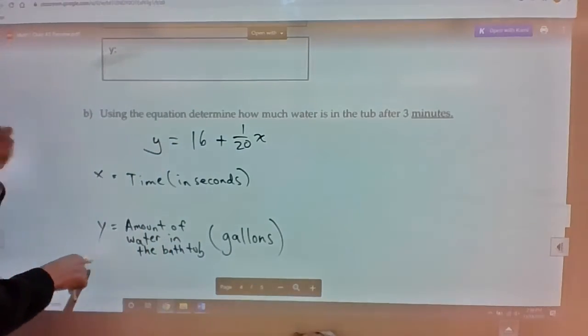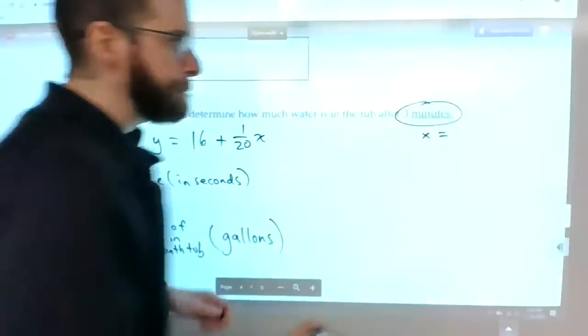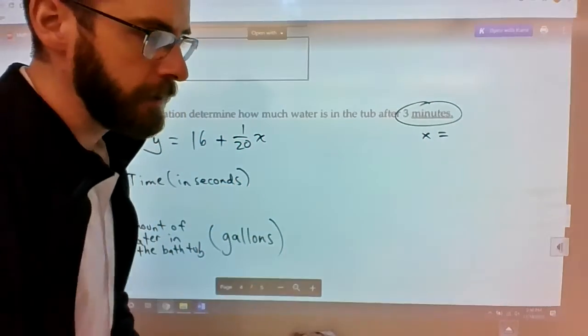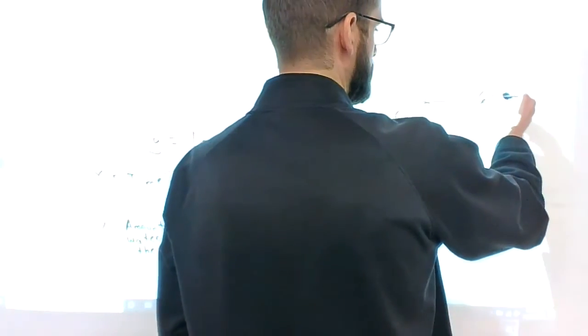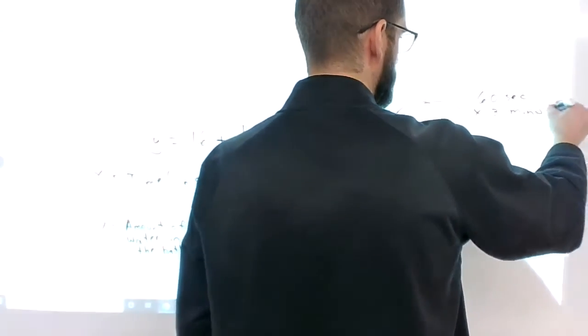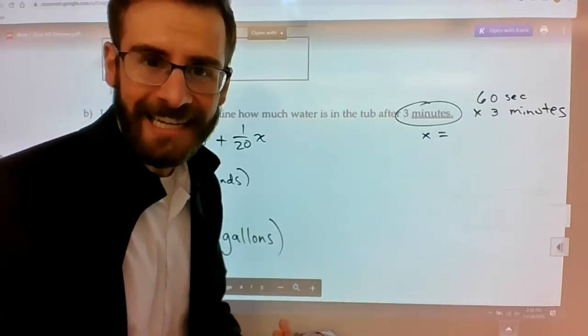Gallons are y. They're giving us a time value, but they're giving it to us in terms of minutes. So we have to convert it to seconds. There's 60 seconds per minute. So we're talking about how much water is in the tub after 180 seconds.